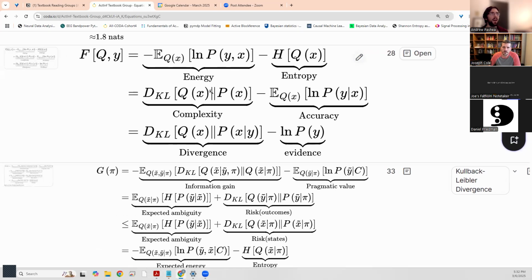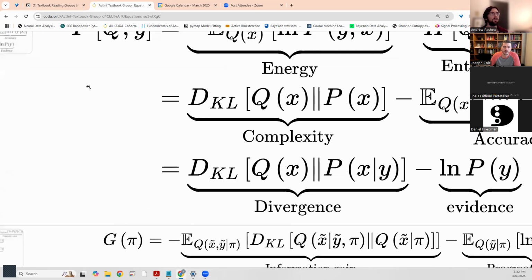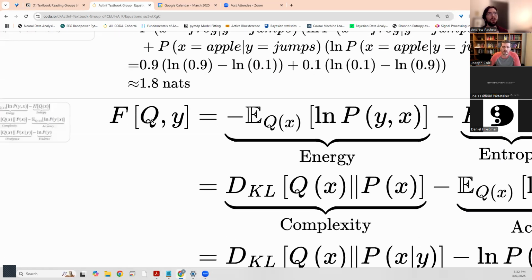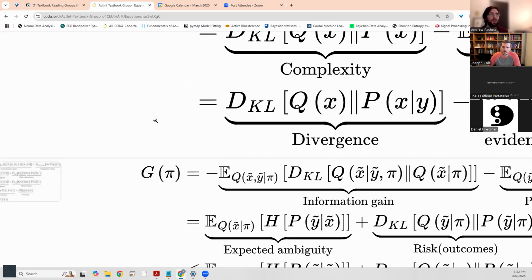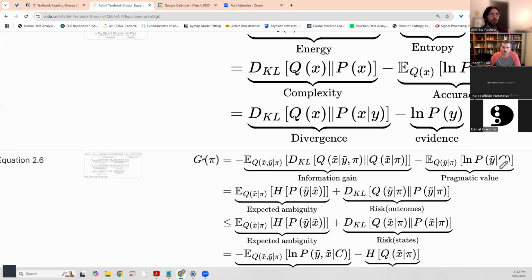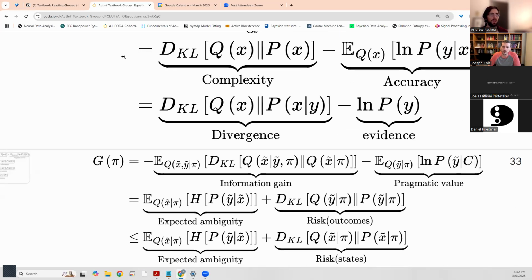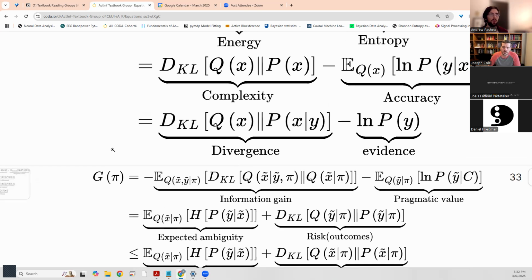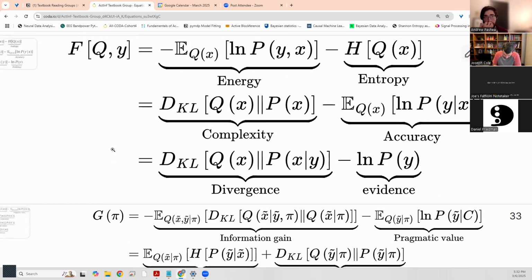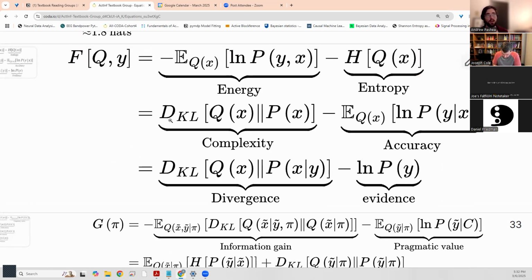This is the breakdown of the overall rule of computing free energy over states, states as in my beliefs about the world, and then G will be used for inferring what policy I should use. So as opposed to state inference, it's policy inference. And all of it is in the agent's head, as it were.